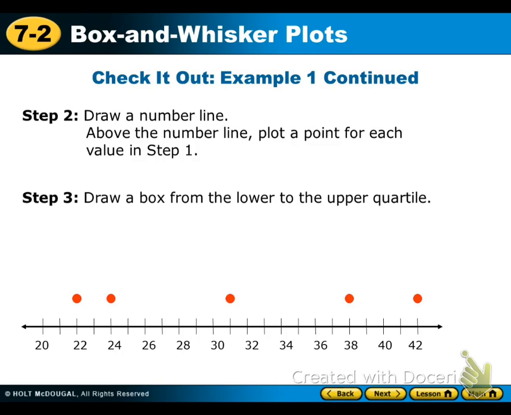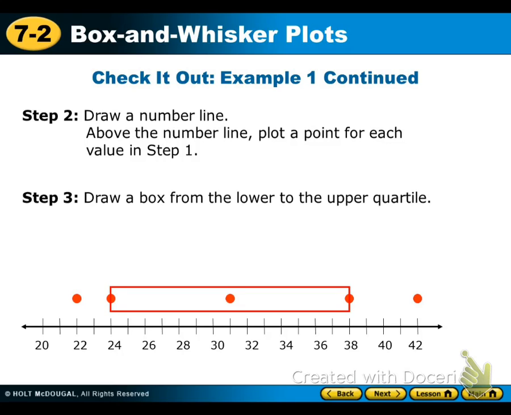I'm pretty sure we had more points than that for all of our values, but this will include our lowest number, the median of the lower quartile, the median of the entire data set, the median of our upper quartile, and the greatest value. Those are the 5 numbers you're looking for to be able to graph.